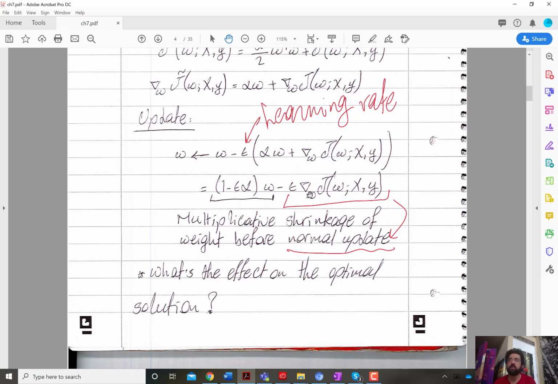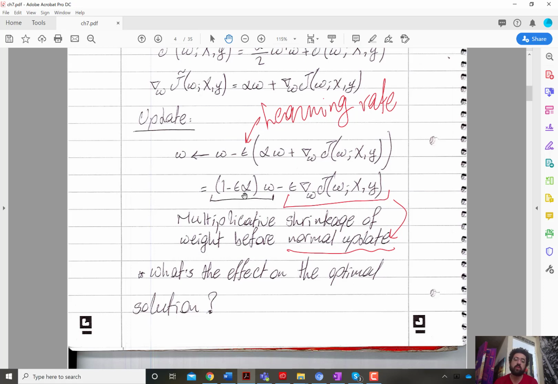If I increase epsilon, I'm shrinking by more, but I'm also updating by more. So the epsilon effect is to shrink by a factor that corresponds to how much you update. But the alpha effect is not in the normal update; it is unique to the added regularization effect. The larger the value of alpha, the more aggressive the regularization is.